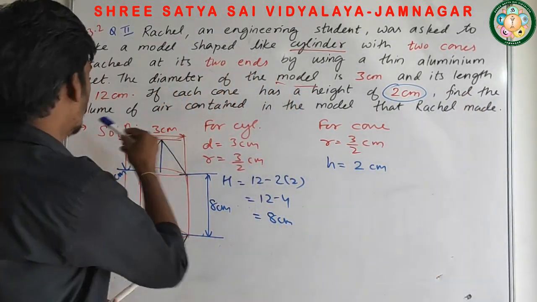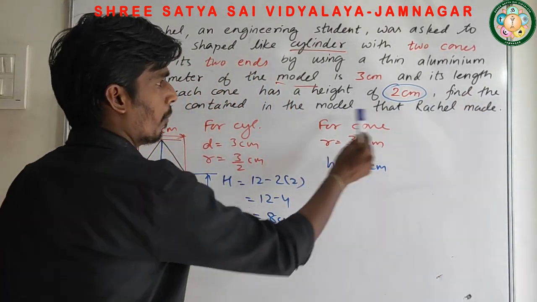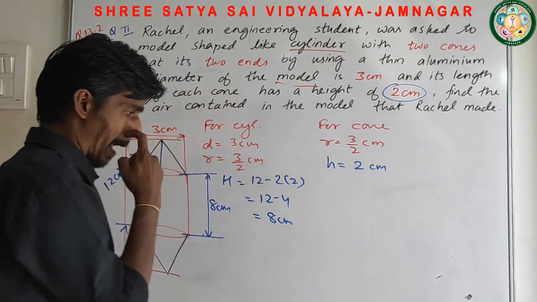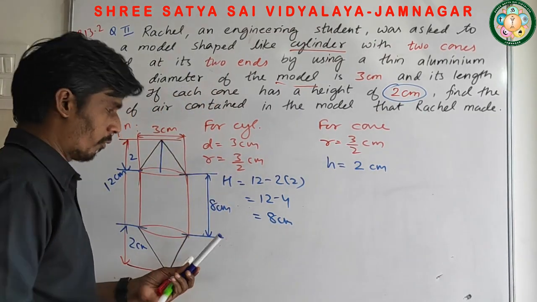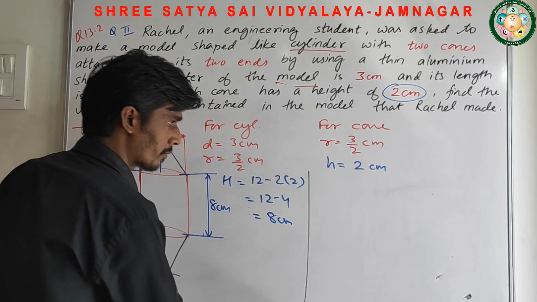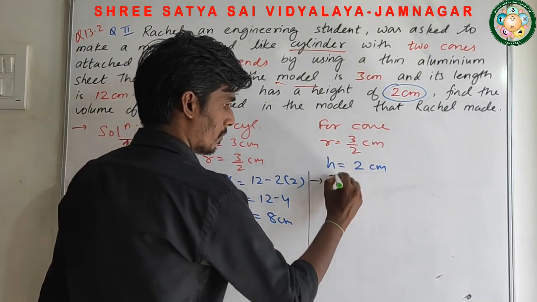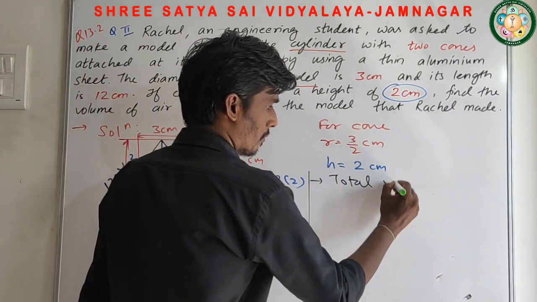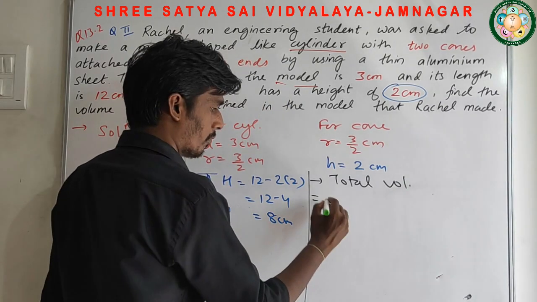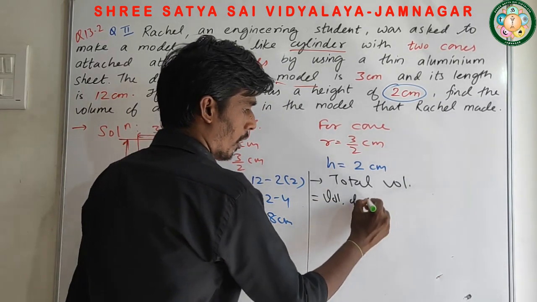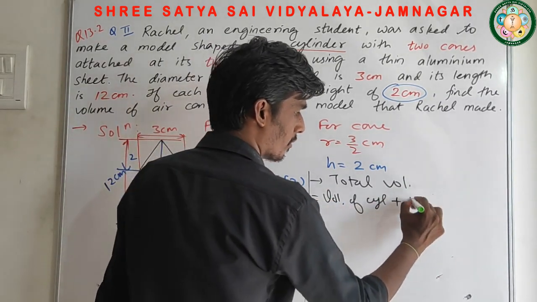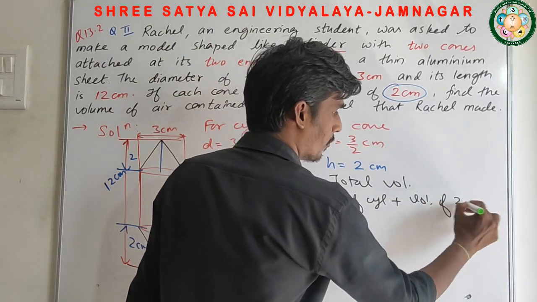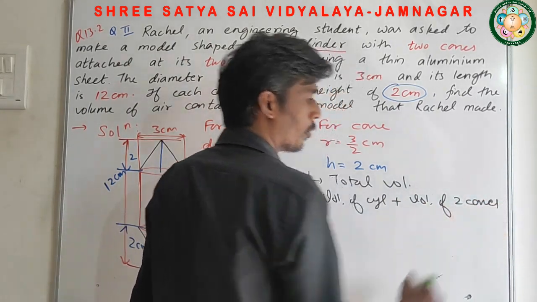Now find the volume of air contained in the model that Rachel made. First of all you have to find its total volume. Total volume equals volume of cylinder plus volume of two cones.